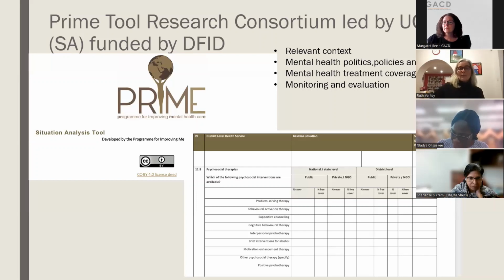It looks at all the mental health politics and policies and plans. And obviously this is mental health related. It looks at the mental health treatment coverage on a district and on a community level. And then it looks at how any kind of mental health care that is delivered is monitored and evaluated. And the feedback I got from people that I gave that to, and said, hey, this would be great, then we have a situation analysis, and then we know what we're working with, so we're not reinventing the wheel, for instance.